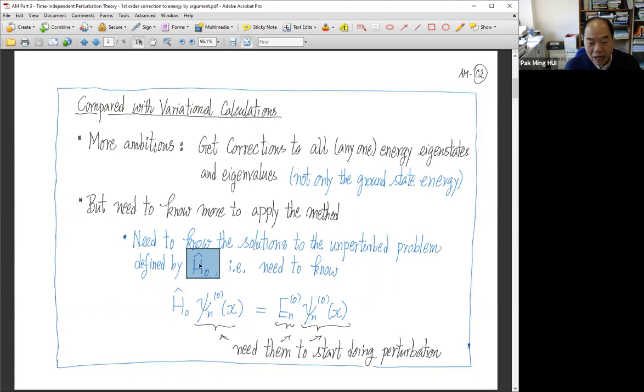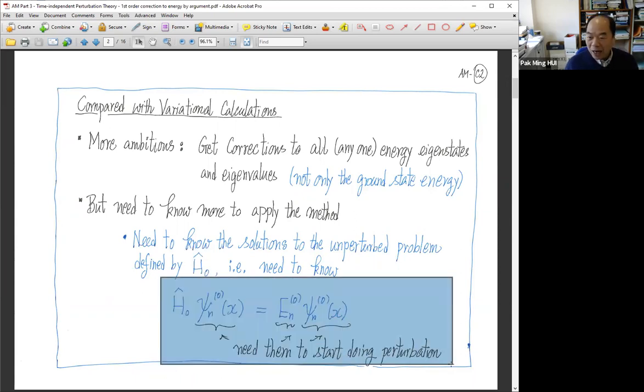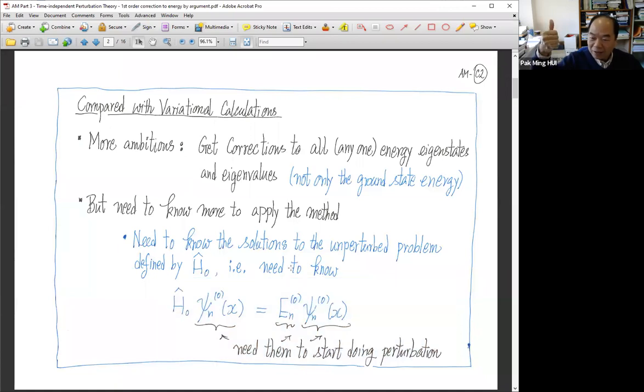So we have to identify a part that we know how to solve. Otherwise, we don't have anything to start doing the perturbation problem. So more ambitious on one hand, but we ought to be better prepared on the other hand. Fair enough, right? That's life. You want to get more, you have to be prepared better.